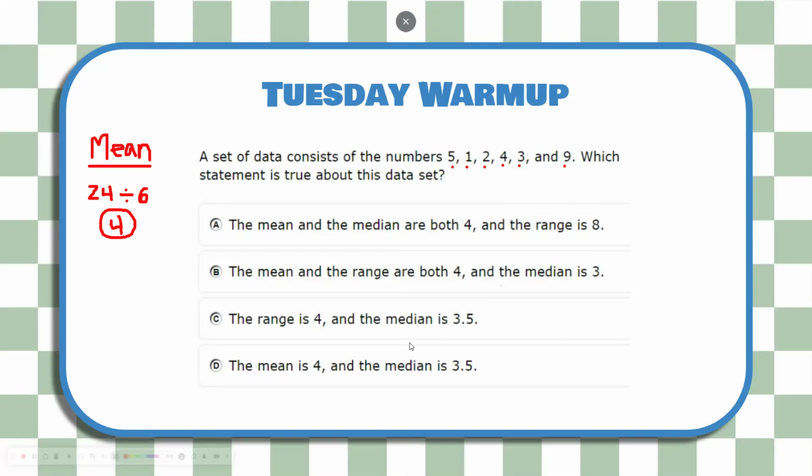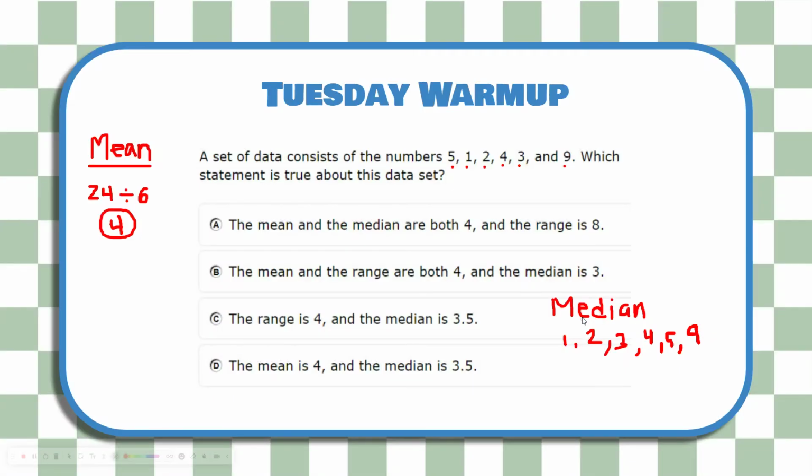Alright, median, that's where I need to put the numbers in order and then find what's in the middle. I'm going to do that over here so I have a little bit more room. I'm getting a little faster at writing with the mouse. Look at me go. Alright, we got 1, 2, 3, ooh, it's getting sloppy, 4, 5, and 9.